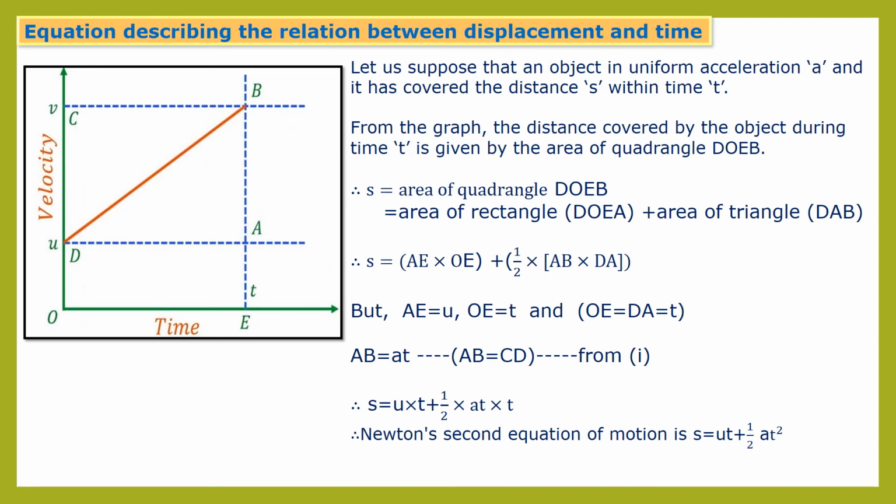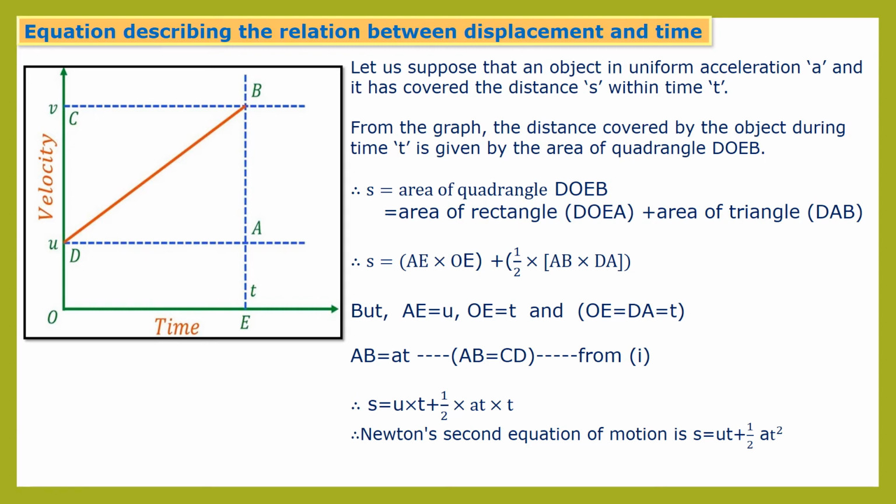Now the next equation describes the relation between displacement and time. We consider the same velocity versus time graph. Suppose an object has uniform acceleration a and covers distance s within time t.